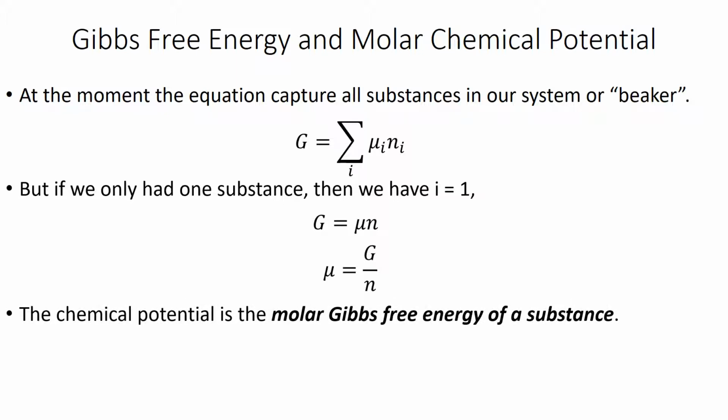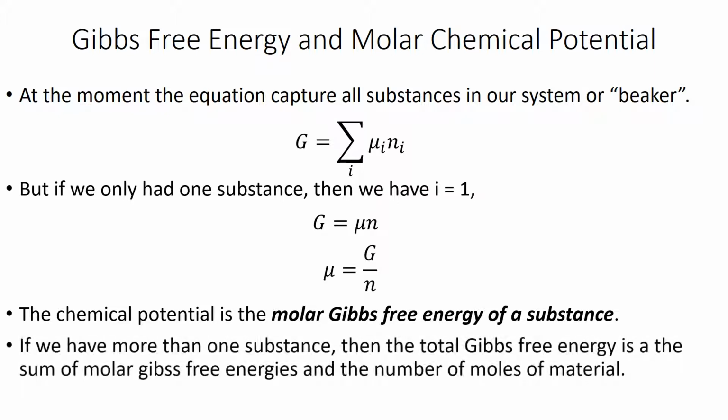I want you now to soak this in. The chemical potential is the molar Gibbs free energy of a substance. So, molar Gibbs free energy of a substance is the chemical potential. If we have more than one substance, then the total Gibbs free energy is the sum of molar Gibbs free energies and the number of moles of material.